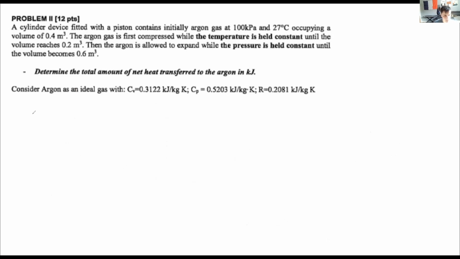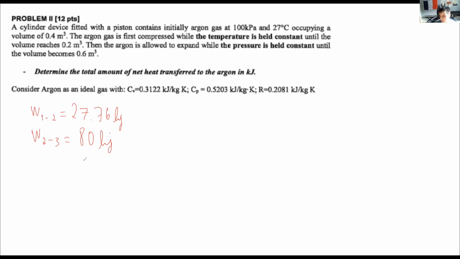All right, so now we have the work between state 1 and state 2, which was 27.76 kilojoules, and the work between state 2 and state 3, which is equal to 80 kilojoules.